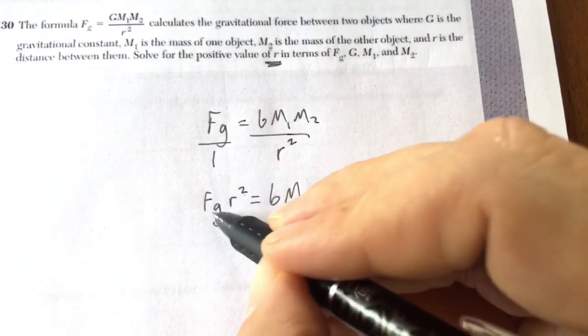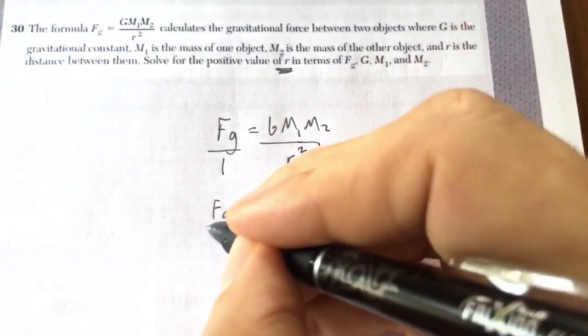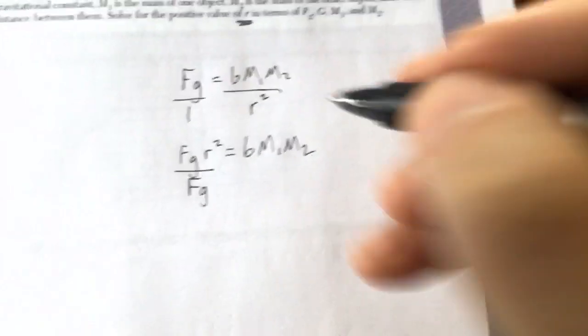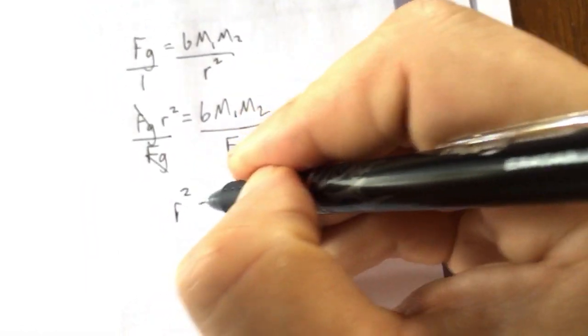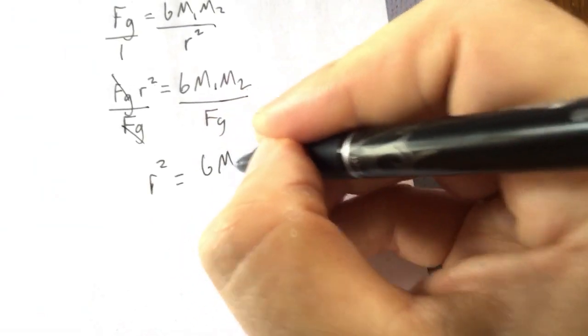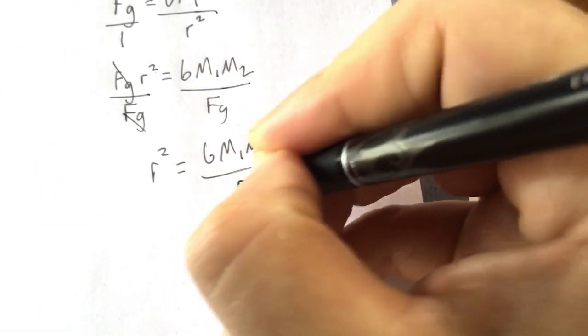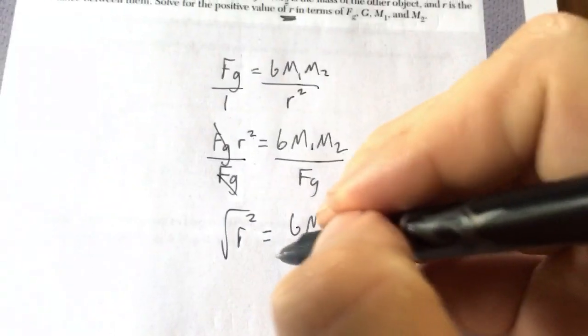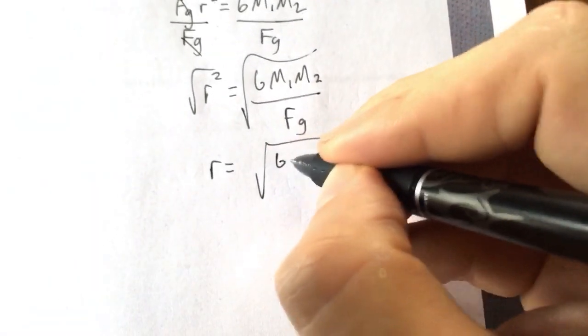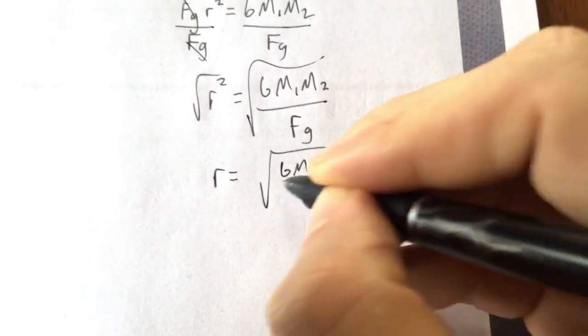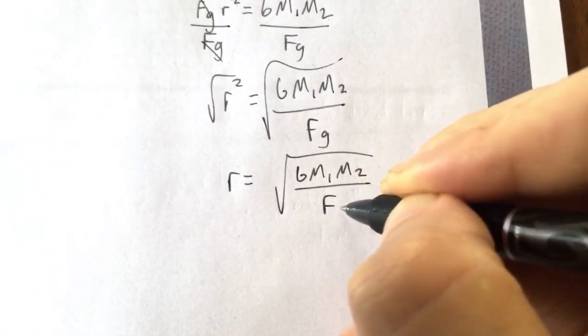This is an exponent, these are subscripts. And then I divide by F sub g, I get r squared equals G m sub 1 m sub 2 over F sub g. Now what I do next is square root both sides, and your answer is the square root of G m sub 1 m sub 2 over F sub g.